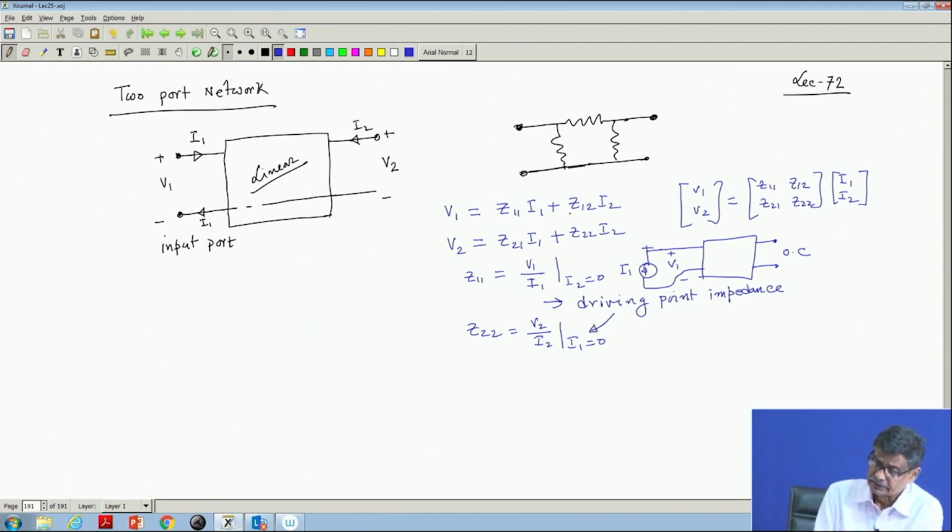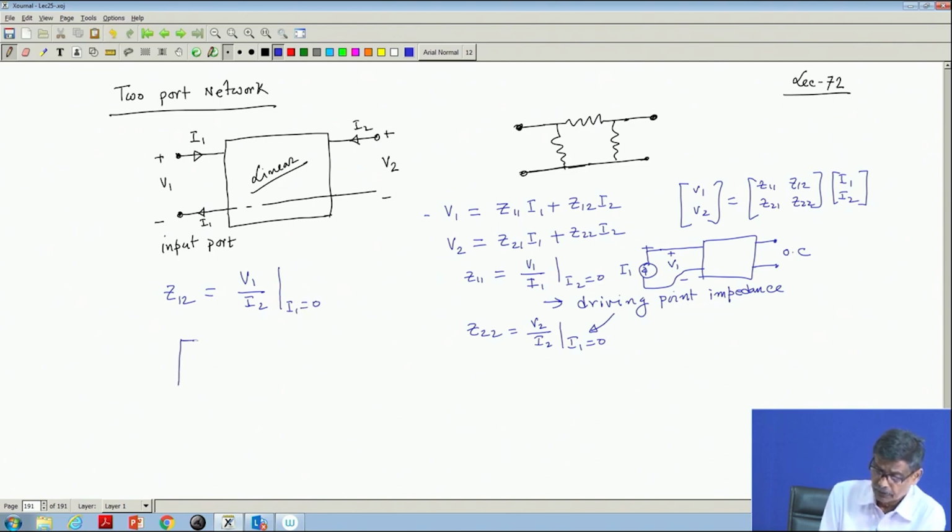And the other impedance, Z12, is V1 by I2 with I1 equal to 0.